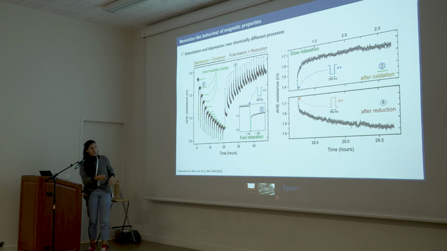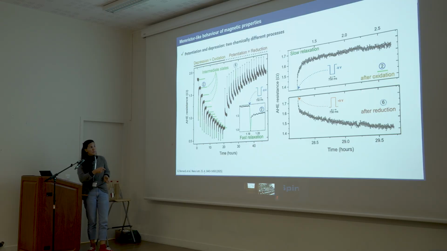This is the part where we think that oxygen is probably creeping back into the system after we take it out with the voltage, because we're doing all this in air. So because of what we're doing, we're not just moving ions up and down, we're really oxidizing and reducing. These are not symmetrical effects. So ideally, we would like to work with this branch of this curve.